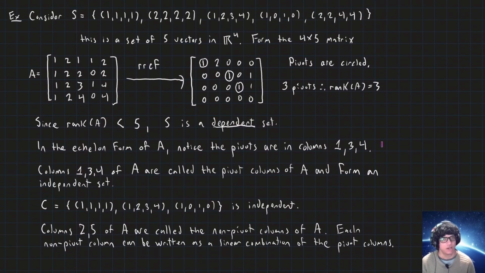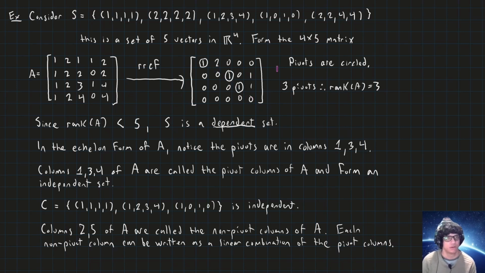Let's go back to our example here. What's the highest the rank could have been for our set here? Since it's a 4 by 5 matrix, the rank could at most be 4, because that's the lower number, right? If you try to fit 5 pivots into a matrix of this size, it just doesn't work.